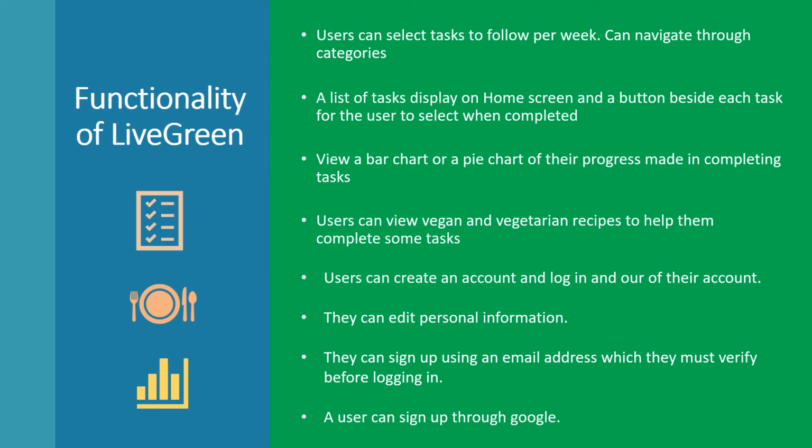Users can also view vegan and vegetarian recipes to help them complete some tasks. The reason I chose to put this in is because Veganuary and Meatless Mondays, etc., have become such big trends, and it's in the idea of becoming more sustainable because the dairy and meat industries cause so much pollution.